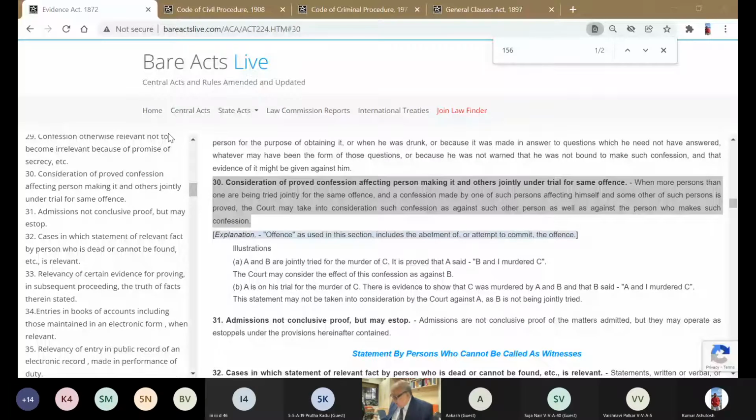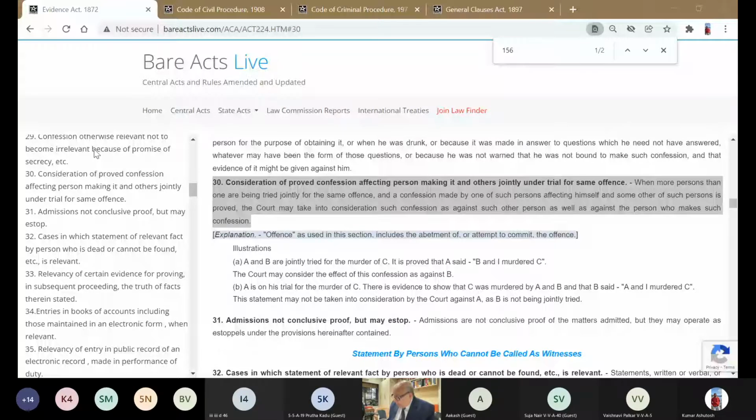Now there in 306 it is clearly written, there are circumstances, see here, with a view to obtaining the evidence of any person. Please pay attention here. Now this is directly attached to 114B.